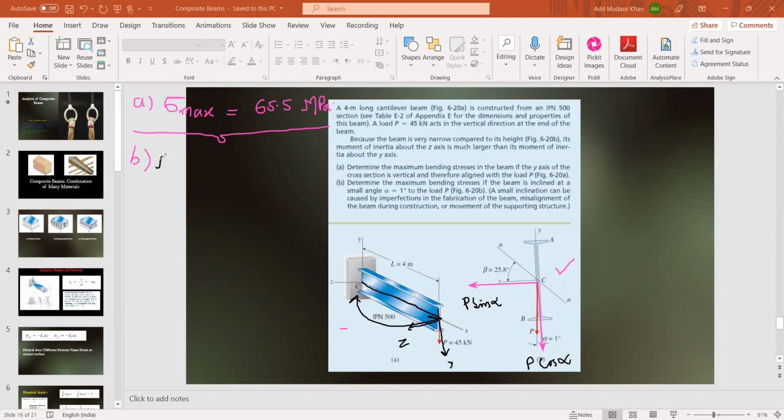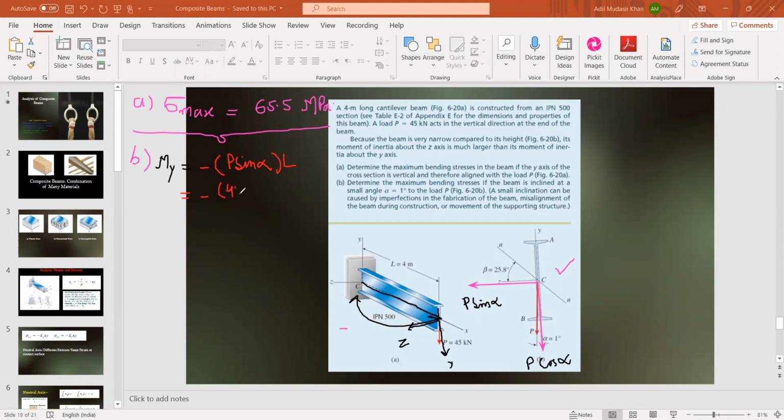So we'll write moment along y direction will be equal minus, why minus? Because it's along negative y direction, minus P sine alpha into force arm, that is L. Fine. So we know the value of P. The value of P is how much? 45 kilonewton.